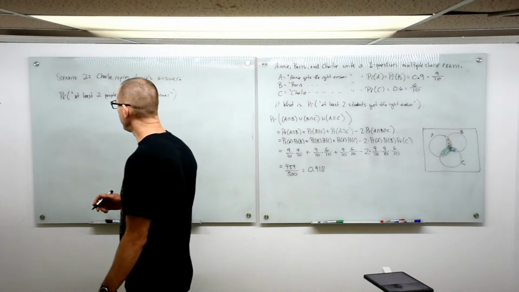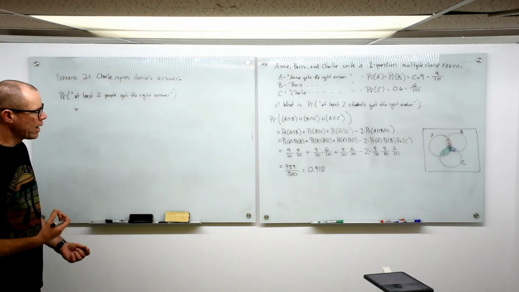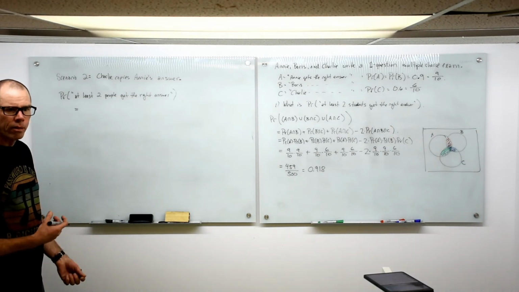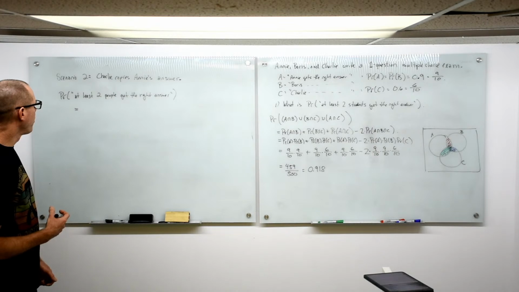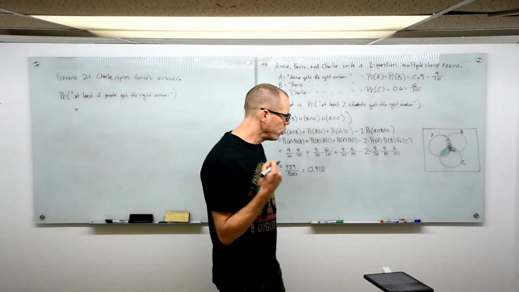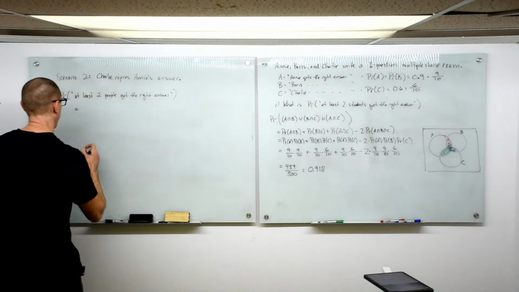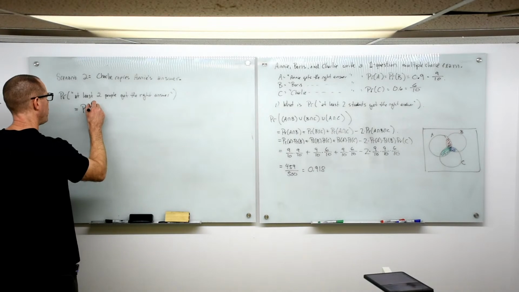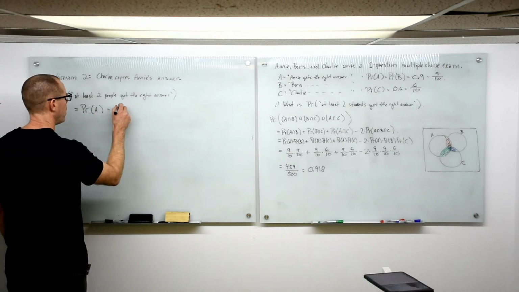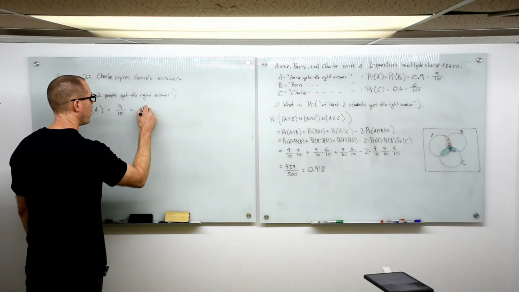So whether the class was successful or not, it's all riding on Annie's performance now, because she's basically counting for 2 people. So under this scenario, this is just the probability of Annie, which is 9 out of 10, which is 0.9.